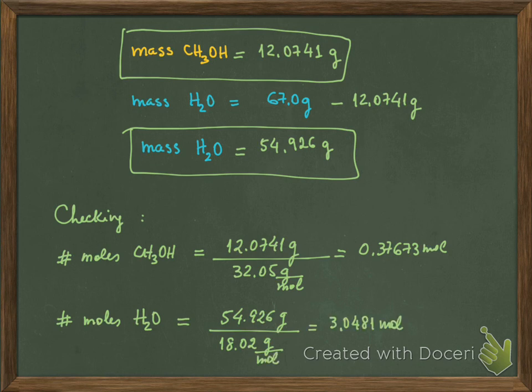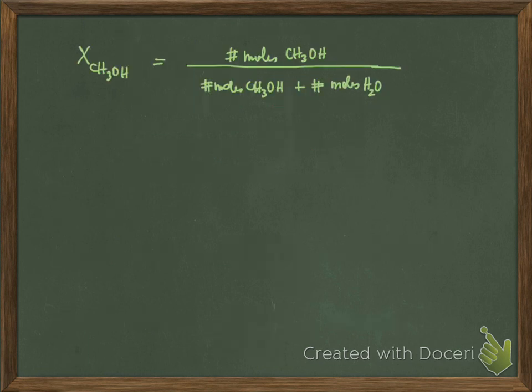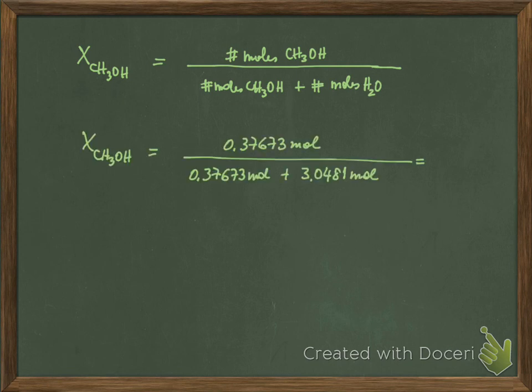With the number of moles of methanol and water, we can calculate the mole fraction of methanol by substituting the number of moles into the mole fraction for the methanol. And we obtain the 0.110 that was initially given in the problem, validating, therefore, our solution.